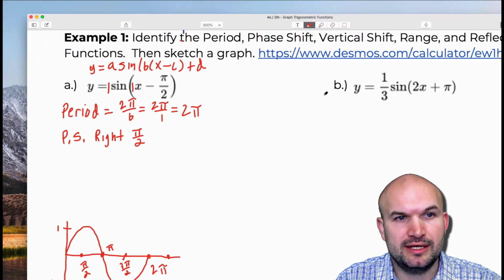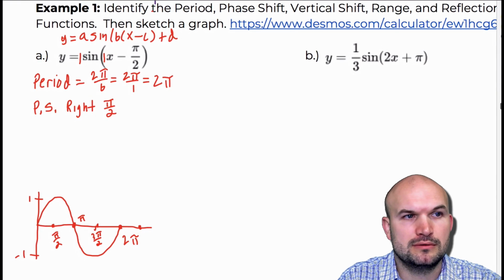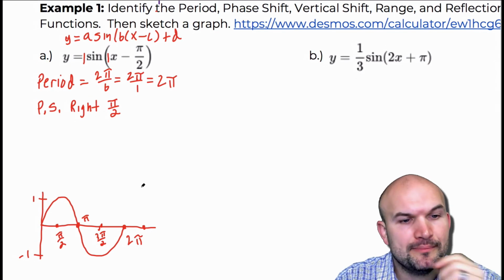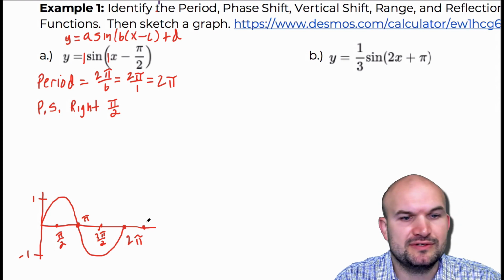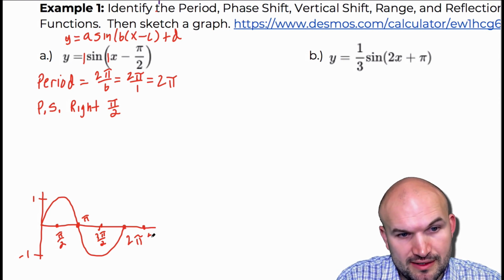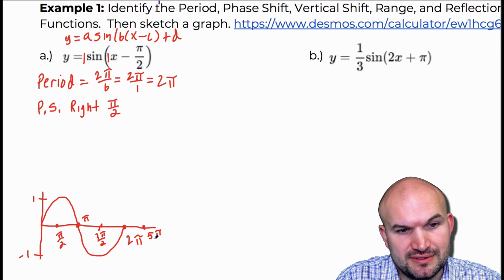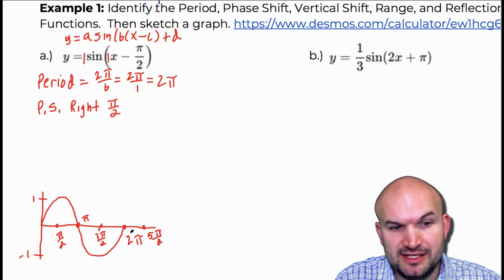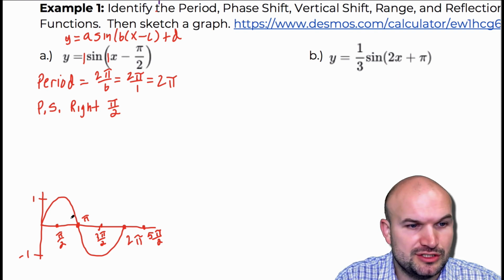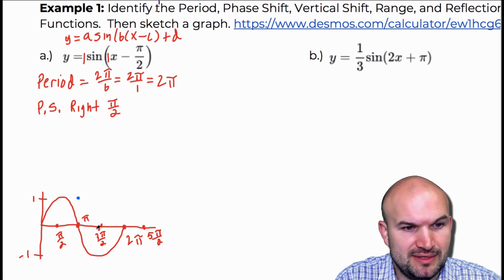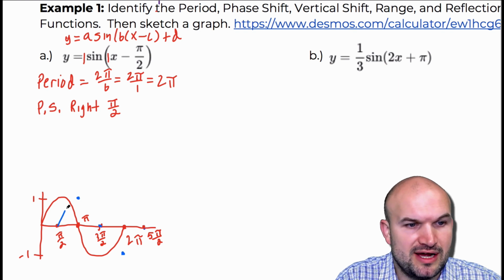So that'd be 3 pi halves, 4 pi halves, then 5 pi halves, because 2 pi is 4 pi over 2. So that'd be 5 pi over 2. The graph would actually just look like this. Same graph, just being shifted over.